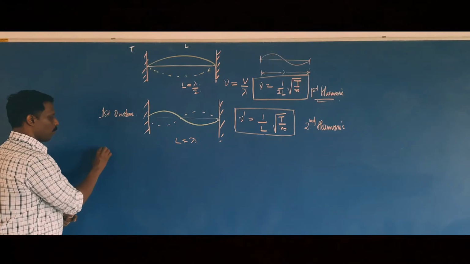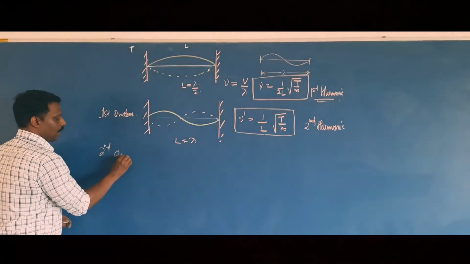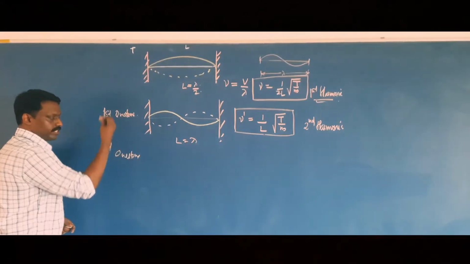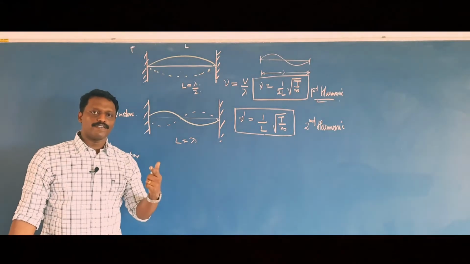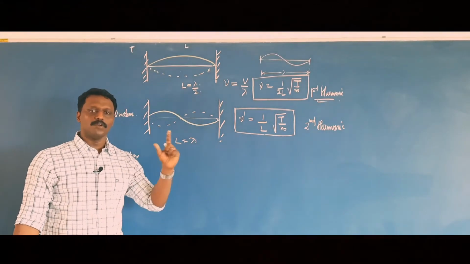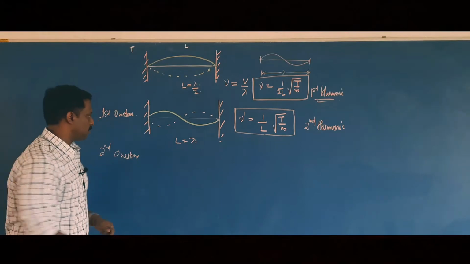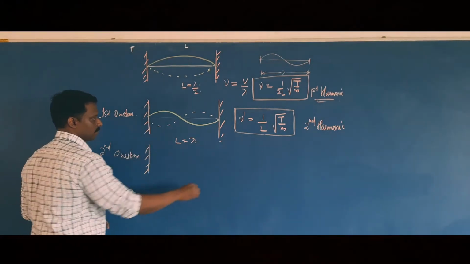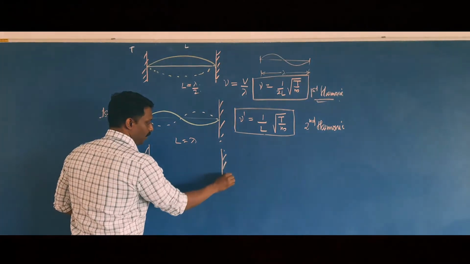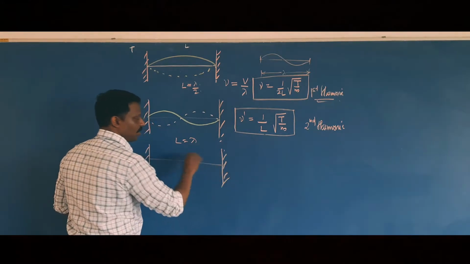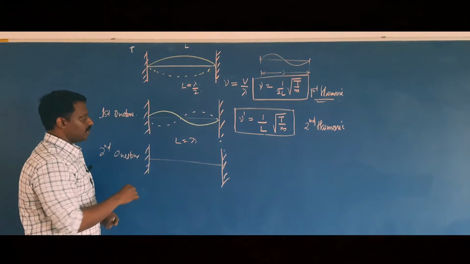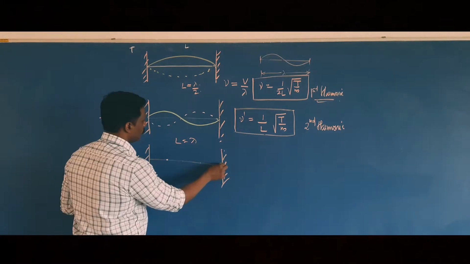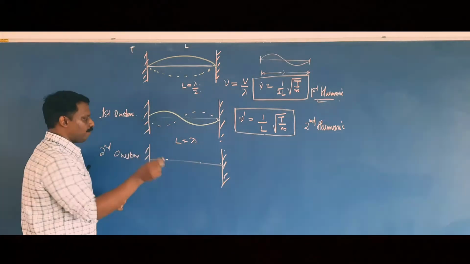And in the next higher mode, which is the second overtone, as the general rule follows, the number of nodes and antinodes will be incremented by 1. So for the same string of length L, there will be 3 antinodes and 4 nodes.